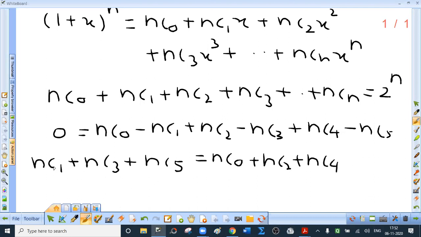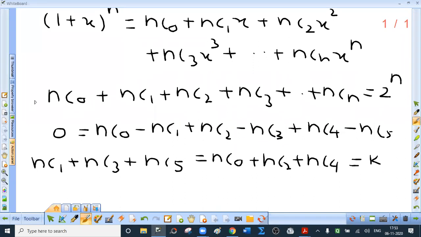That sum of odd binomial coefficients is the same as sum of even binomial coefficients. Suppose each sum is nothing but k, because we have to prove that each sum is basically 2 raised to n minus 1. But at present, I just know that these are equal and let each sum be k.